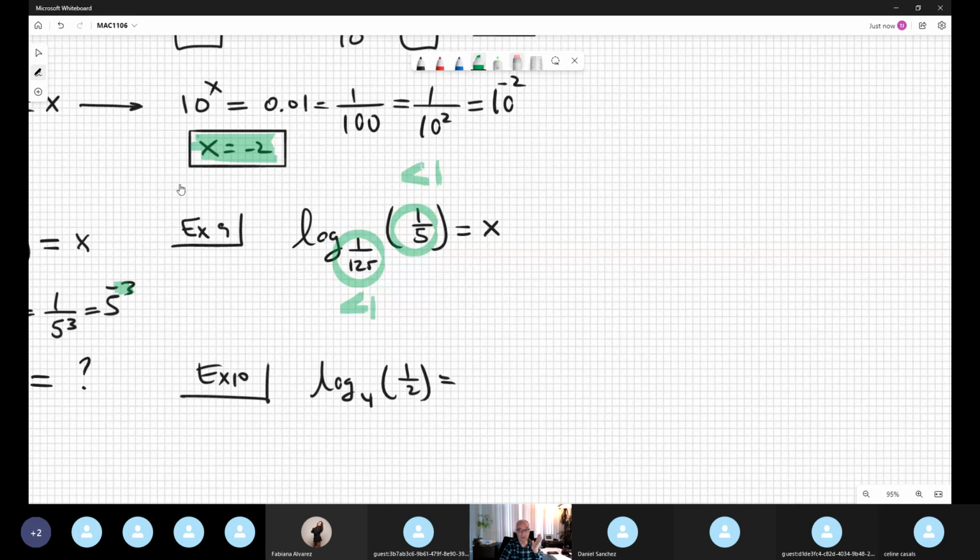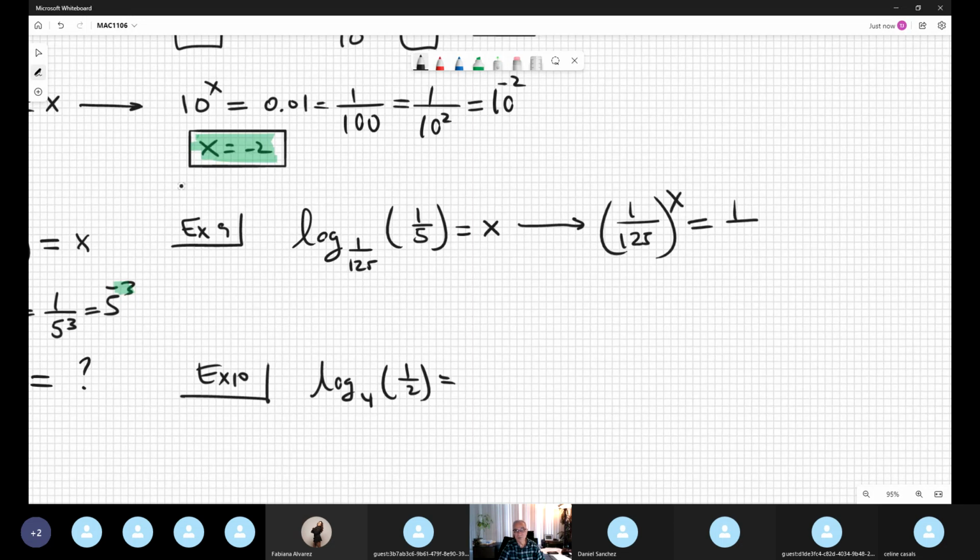Let me do my best to find the value. To find the value, as always, we convert this statement to exponential, and the base is 1/125 raised to the x power equals 1/5. Okay, but I know very well that 125 is 5 cubed. Since it's the reciprocal, it's negative.